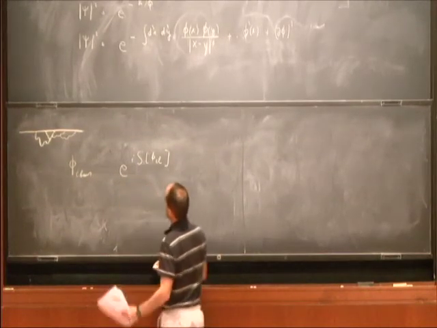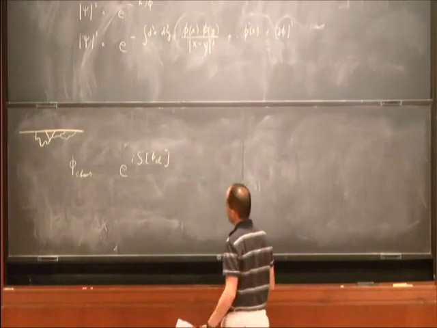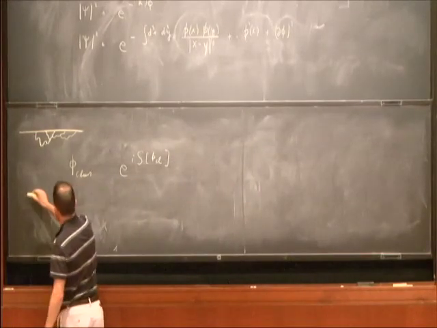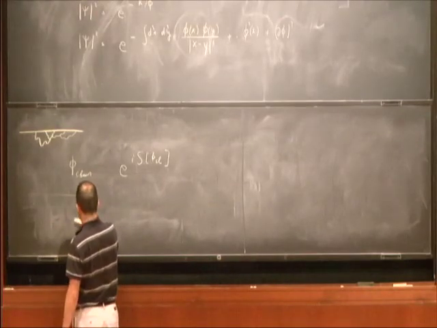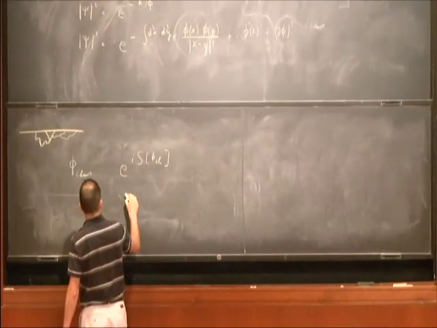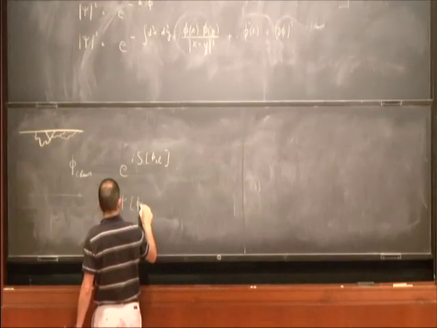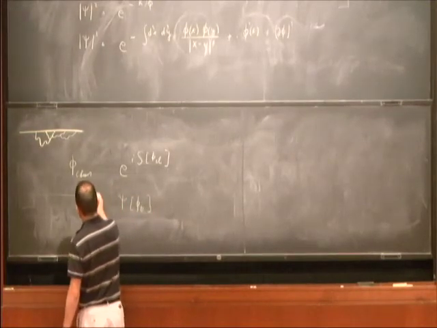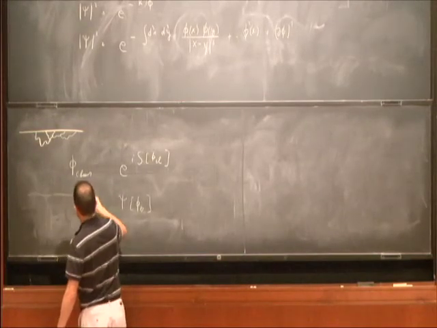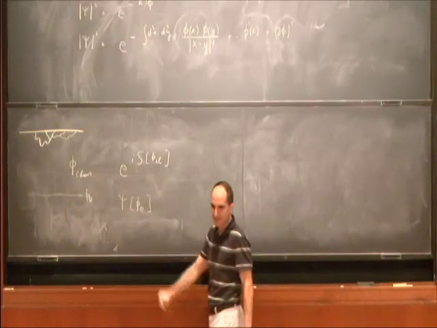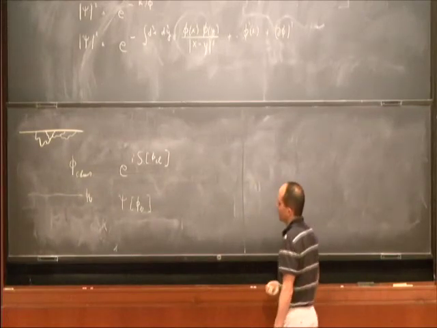Now let's consider the situation we are considering here, where we are setting some boundary conditions in the future, and we are looking at the wave function as a function of those boundary conditions. Let's call it phi b. This is the value of the field at very late times or at some cutoff time. It doesn't matter too much.